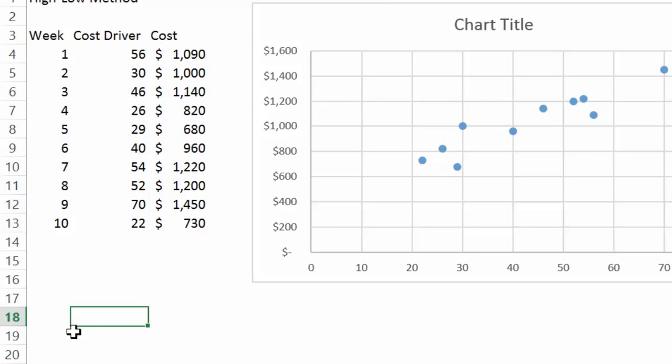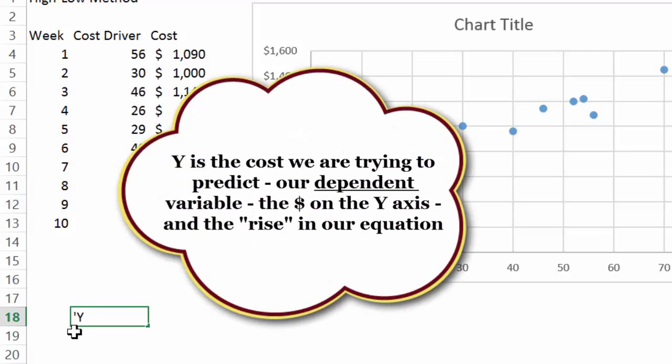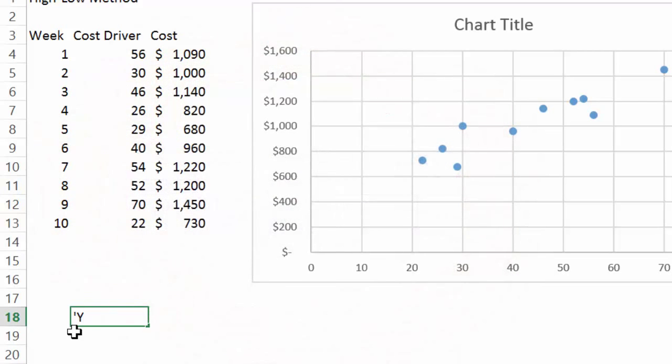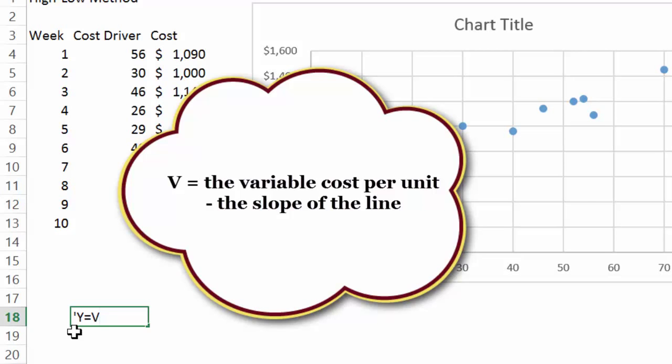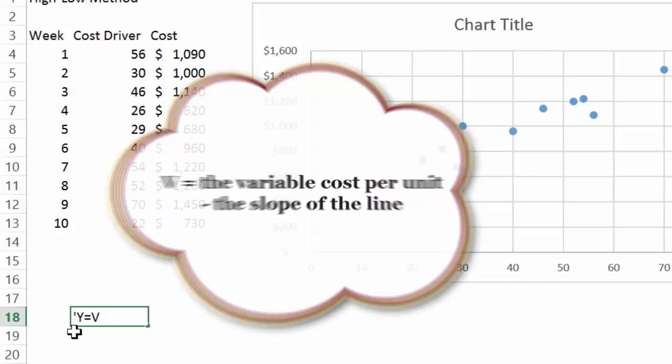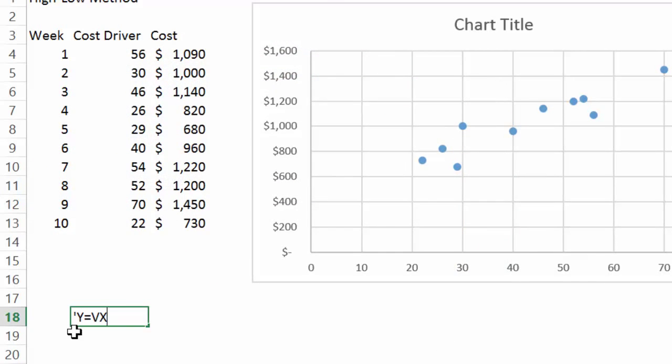So what we're trying to do is come up with an equation that says y is our cost that we're trying to predict. It is also the dollar amount that we see on the y-axis, the up and down or the rise in the chart. Y equals the variable cost, and remember the variable cost is the slope of the line, times x.